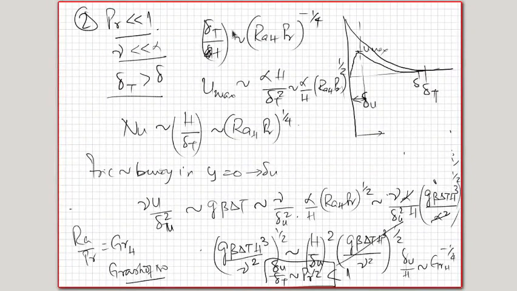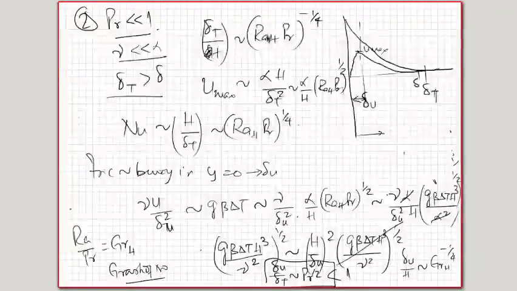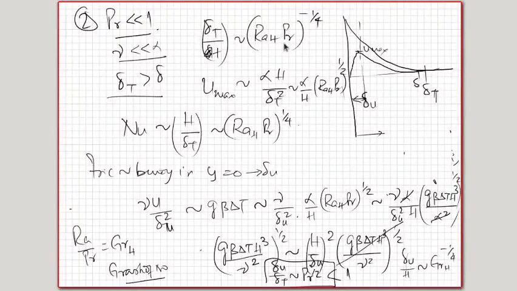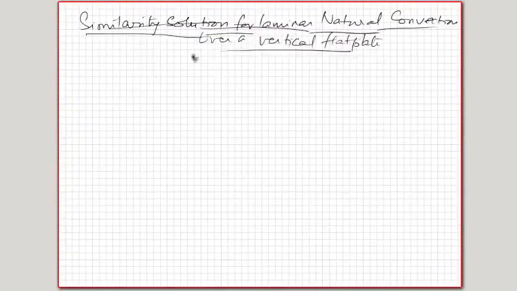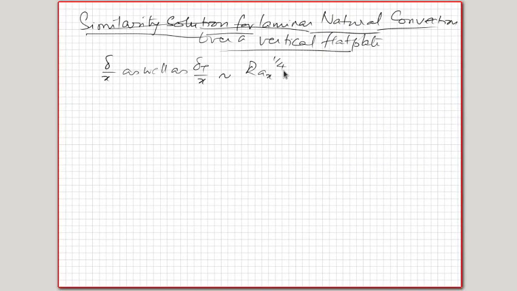There is also a Prandtl number there, which is okay. But in both cases, delta and delta T are only related through the Prandtl number. Therefore, we know that both delta and delta T, delta by x as well as delta T by x, go as Rax to the power of minus 1 by 4. Okay, so this is something that we already know.